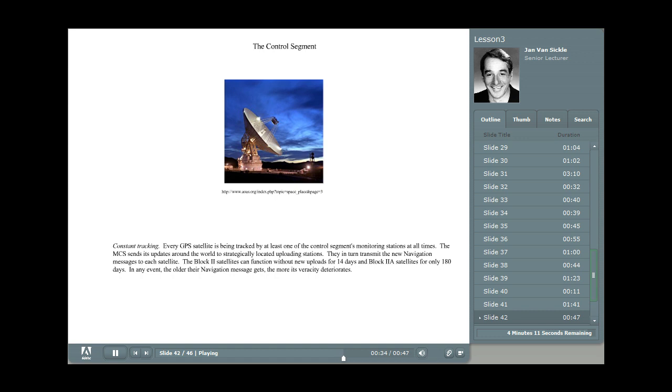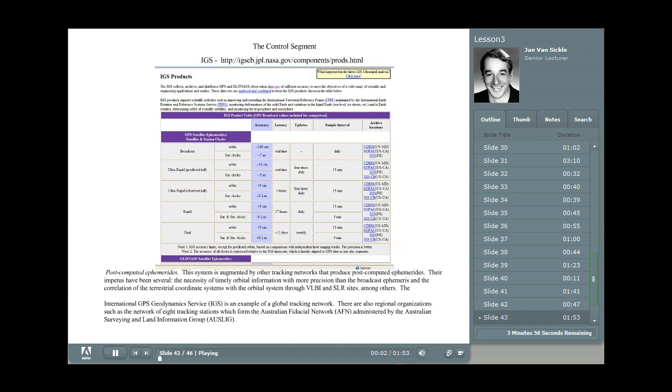This is a very good thing. Now, while the Block 2 satellites can function without new uploads for 14 days and the Block 2A satellites for 180 days, we really wouldn't want them to do so because, of course, the navigation message would deteriorate rather dramatically in those kinds of periods.